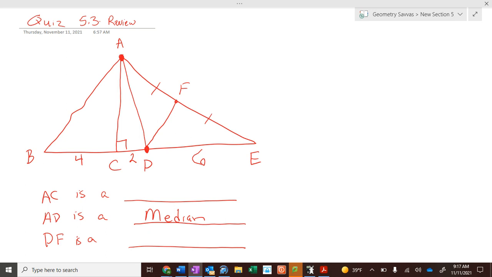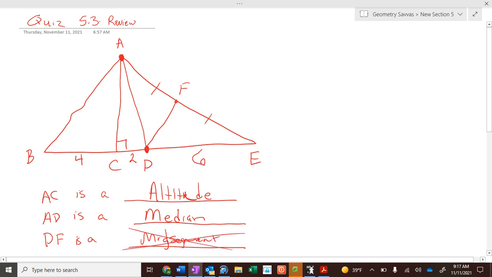That's a median. AC is called a what from last time? Thank you, Cambry. It's an altitude. Okay? FD is called a mid segment.